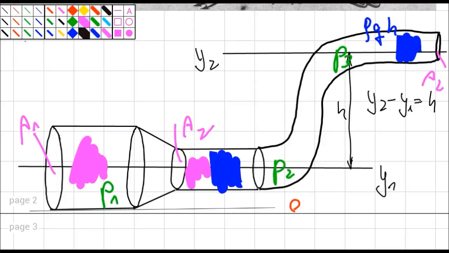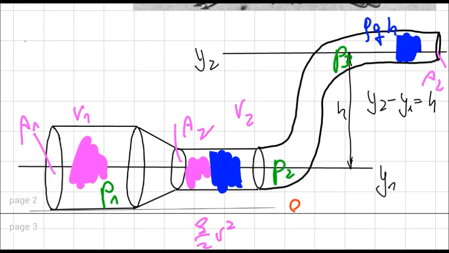That means there is a speed v1 and there's a speed v2, and we gain an additional kinetic energy rho half v square here, while v square is v2 minus v1. So we're trading this kinetic energy for potential energy when we go up here, and that's the whole Bernoulli equation.